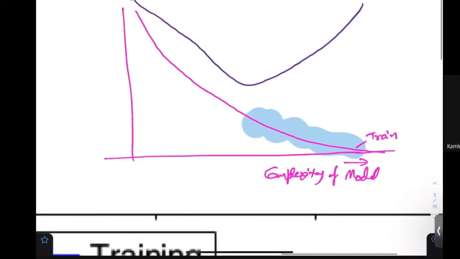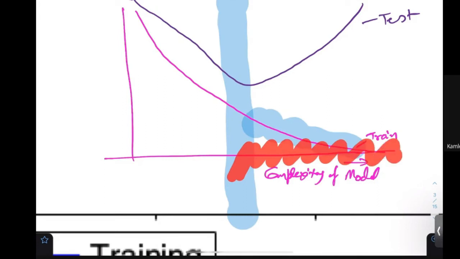Everybody okay with that? Any questions on that? So if this kind of behavior is there, we should draw a line over here, and we could say that my model should not have power more than this.